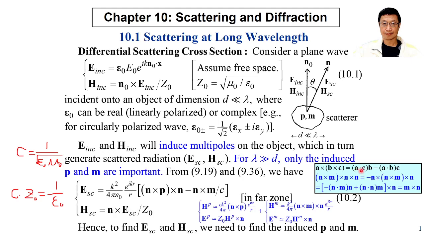We have a minus sign, A dot C times N plus N cross M.